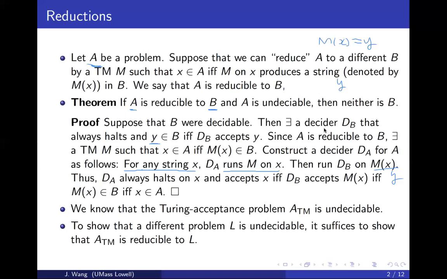So that's what this construction D sub A does. Let me write it here. What D sub A does is on input X, run M of X, that's equal to Y, then run D sub B on Y.